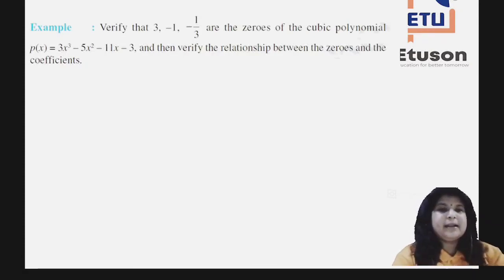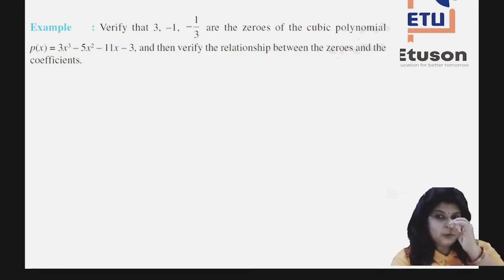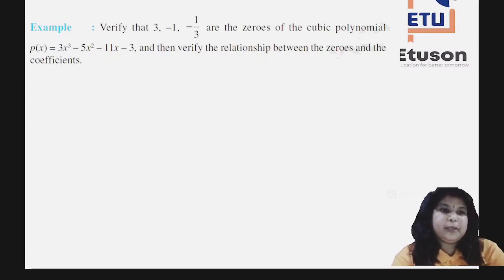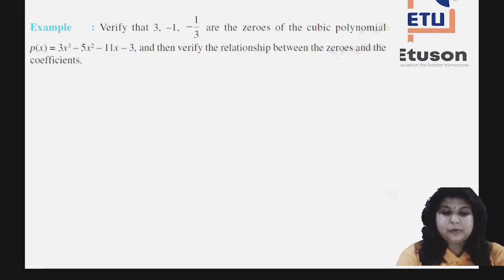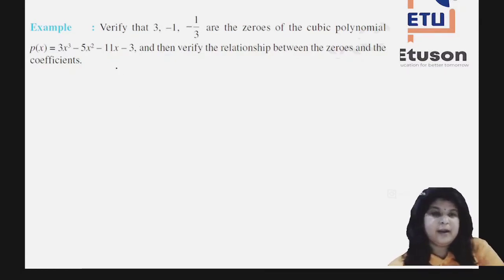So what is that problem? Verify that 3, minus 1, and minus 1 by 3 are the zeros of the cubic polynomial p(x) is equal to 3x cube minus 5x square minus 11x minus 3, and then verify the relationship between the zeros and the coefficients. तो कैसे करेंगे इसको? We have to first verify whether they are zeros or not.